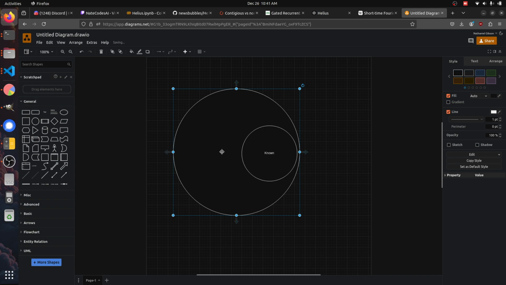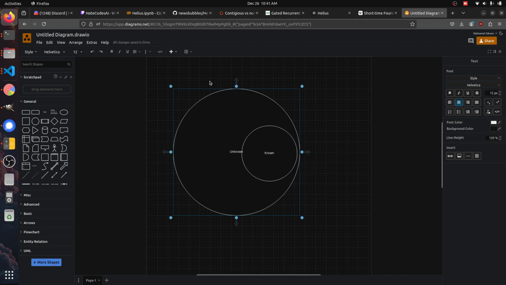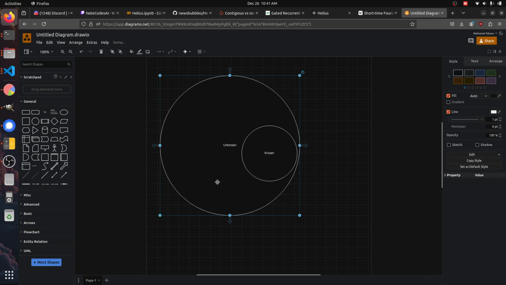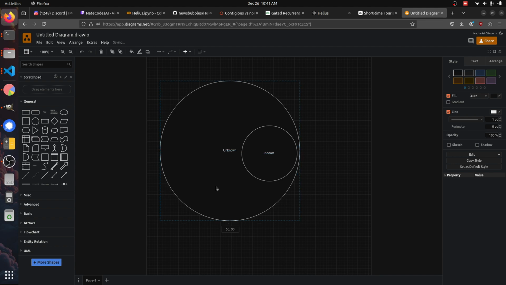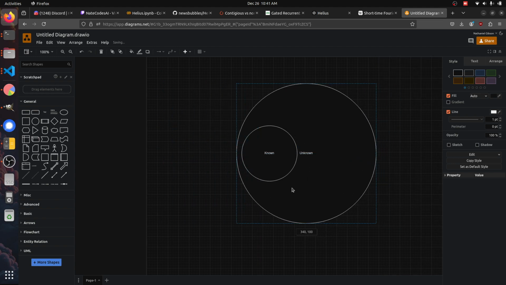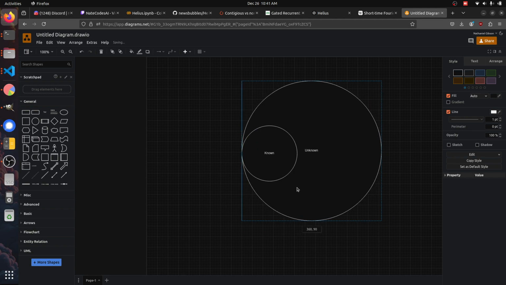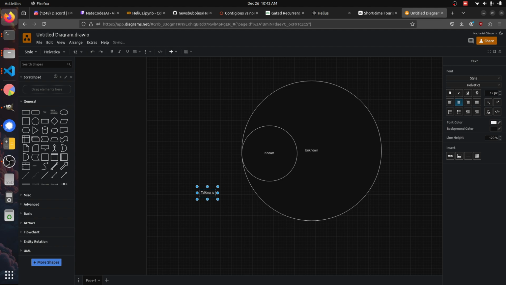Beyond that, you've got unknown. Let's make it bigger so that it just pops into the thing. And this is talking to learning frustrum. Efficient learning frustrum.